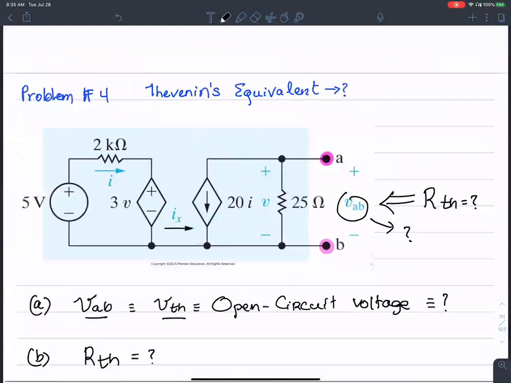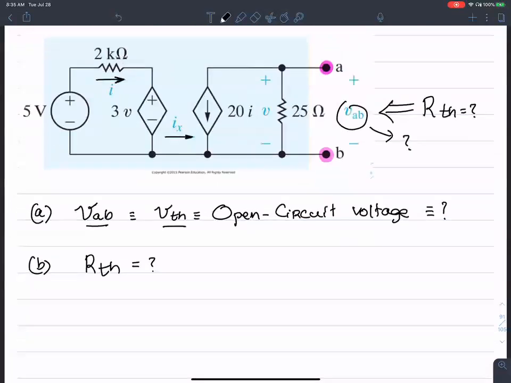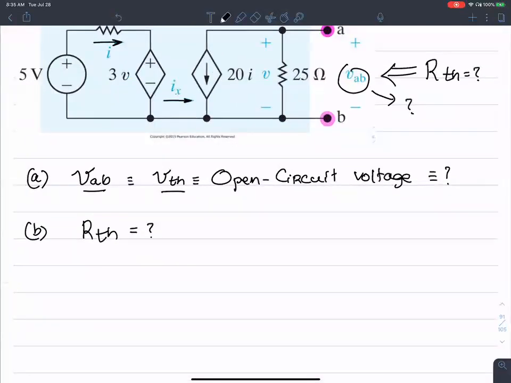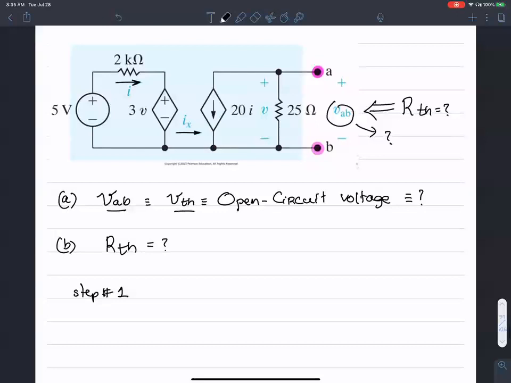And then let's start by writing the expression for I, current I, flowing in the top left branch, 2 kilo ohm resistance. So the first step is to write the expression for I.